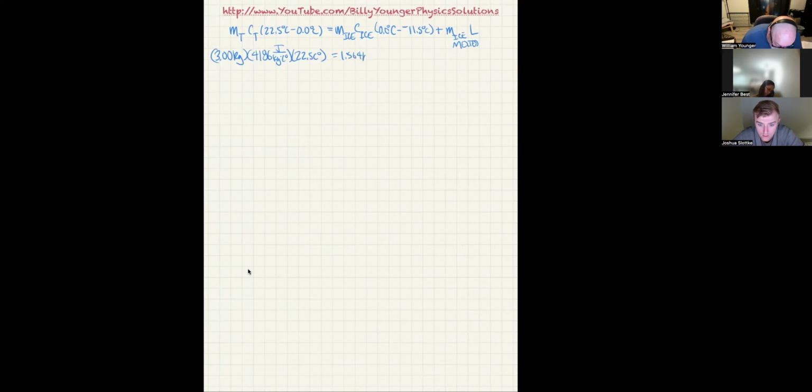The specific heat of ice is 2100 joules per kilogram Celsius degree, and 0 minus negative is a positive 11.5 Celsius degrees.